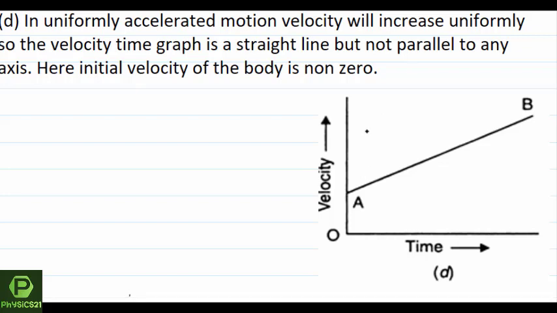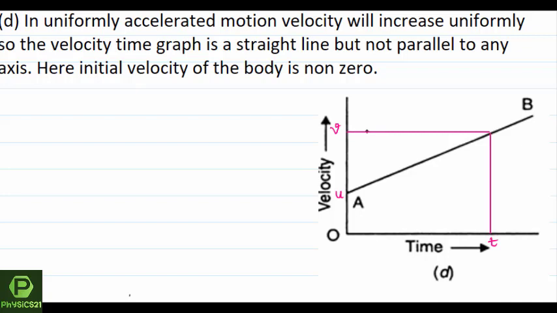Let this value be u, and after some time, after time t, the velocity of the body will be v. So at time t, the velocity of the body is v.